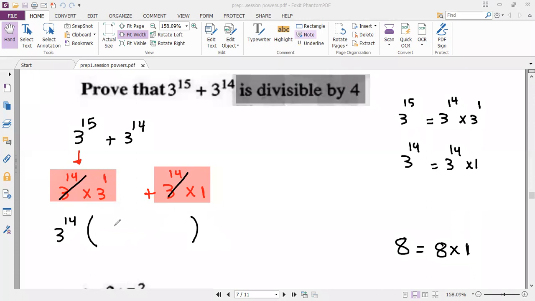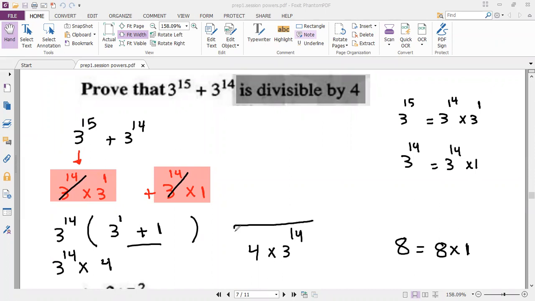You are left with 3 to the power of 1. Okay, plus here we have 1. So it's 3 to the power of 14 multiplied by 3 plus 1 equals what? 4. So we ended up with a value which is 4 multiplied by 3 to the power of 14.